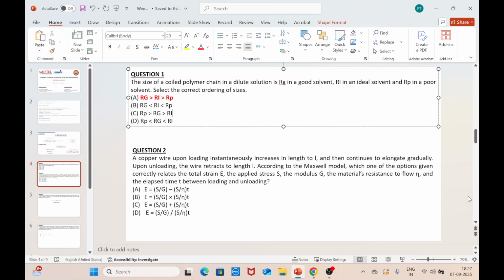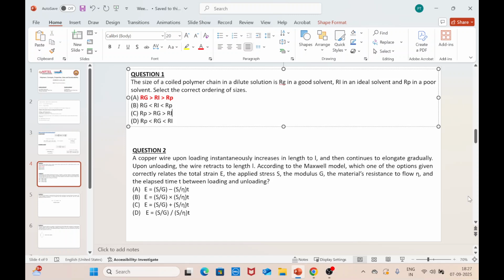When you unload, it is again going to retract back to its original length L. According to the Maxwell model, which one of the options given correctly relates the strain E, the applied stress S, the modulus G, and the material's resistance to flow, which is nothing but the viscosity eta, and the elapsed time T between loading and unloading.